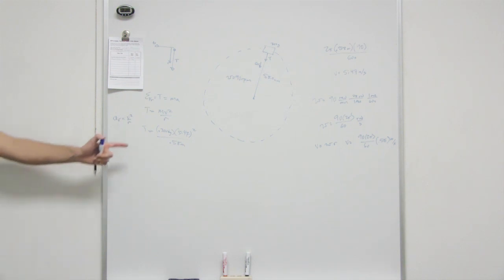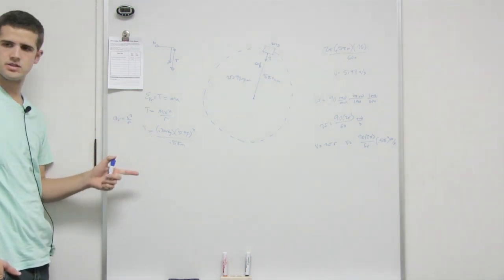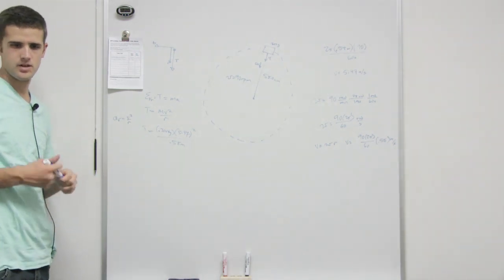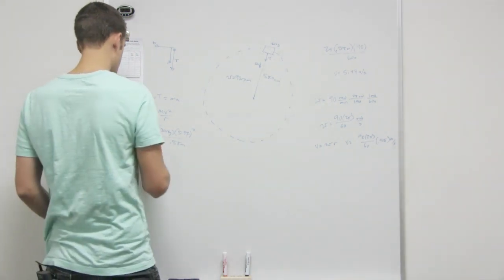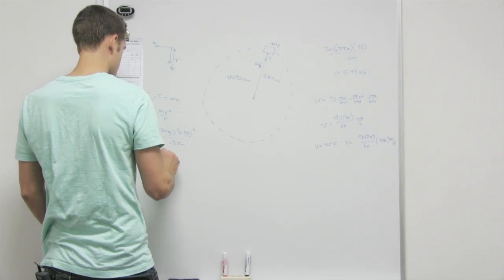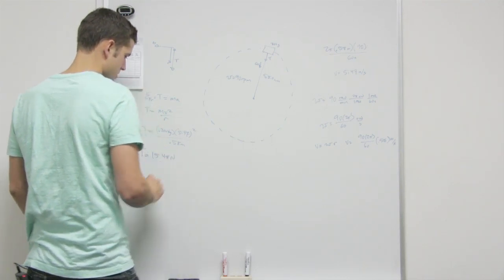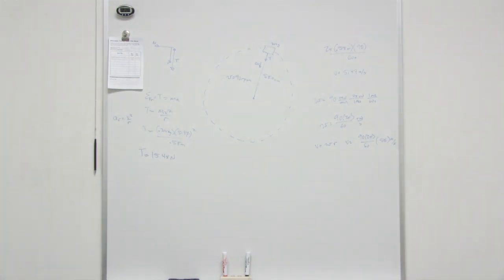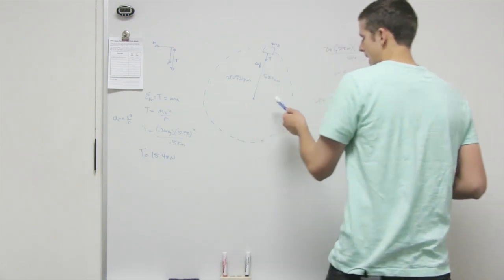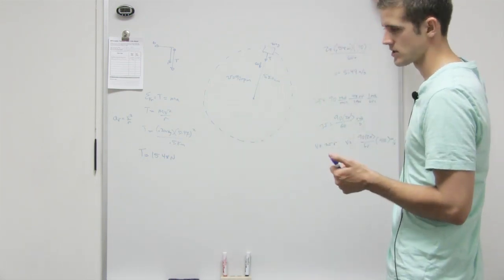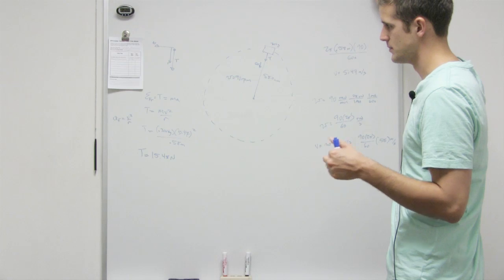And then you multiply by 0.3. So tension is 15.48 newtons. Wow, that's complicated. With circular motion, anytime you're doing forces and something's moving in a circle, you'll have centripetal acceleration, which is going to be dependent on the speed.